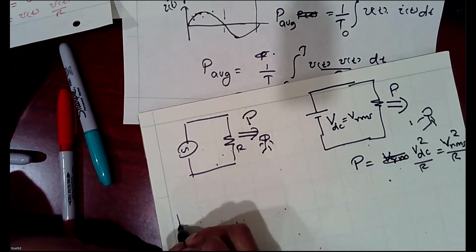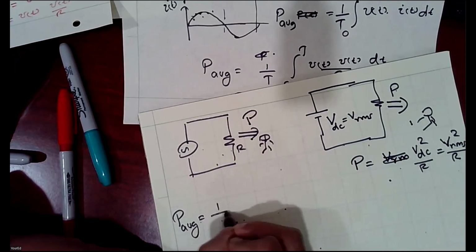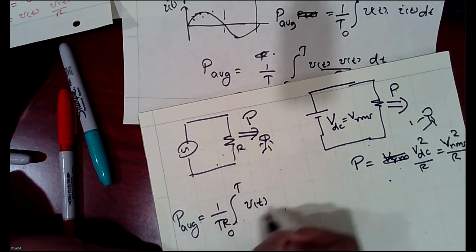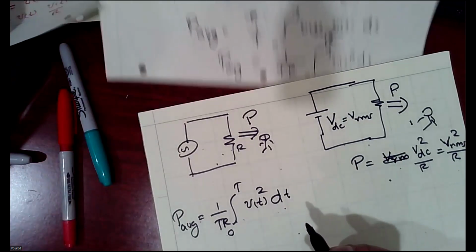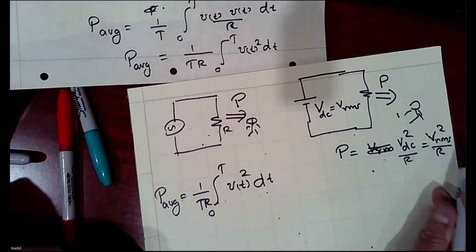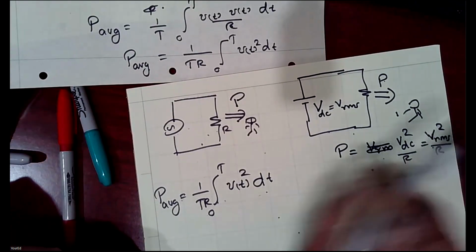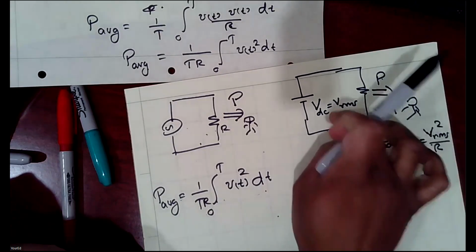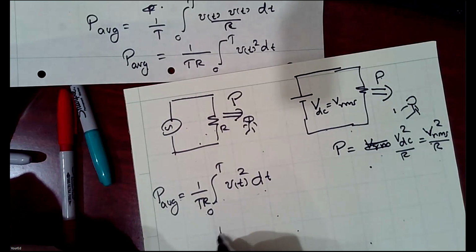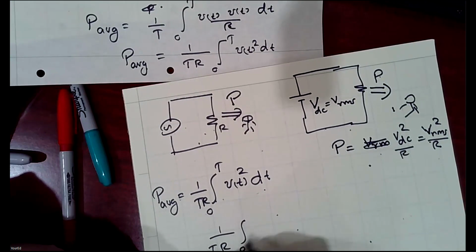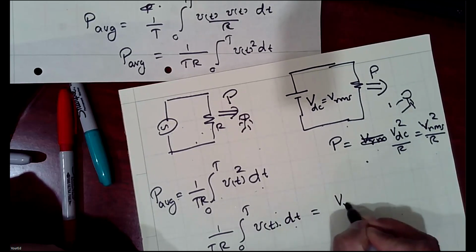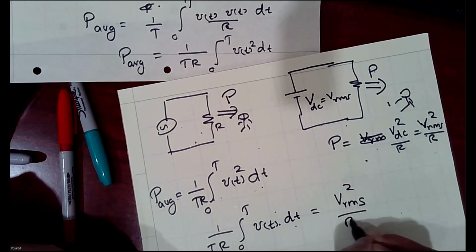For AC circuit, I get average power, which is 1 over TR, 0 to T, Vt squared dt. So that is what we got before. So in the DC circuit, you have this power. Now I can argue, if I equate these two powers, I can find this equivalent DC source that can generate the same amount of heat. So I can write 1 over TR, 0 to T, Vt squared dt is equal to Vrms squared over R.